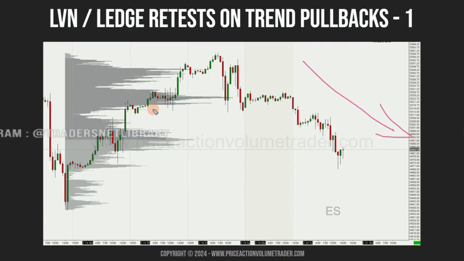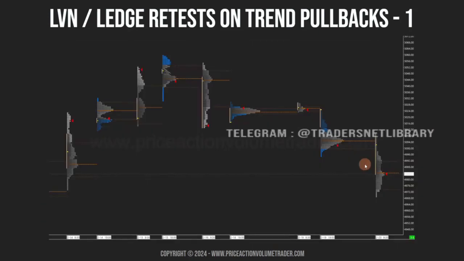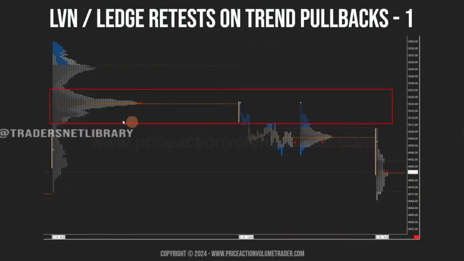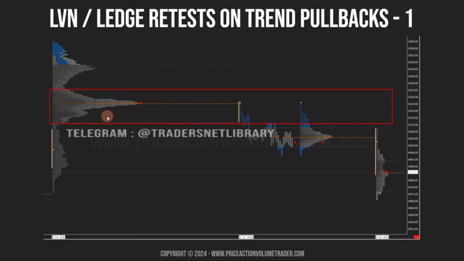So clearly you can see how once we broke this lows here, market structure changed, and then we look for ledges or edges in order to get in, in this case, with the direction of the move, just like we had over here that we showed.